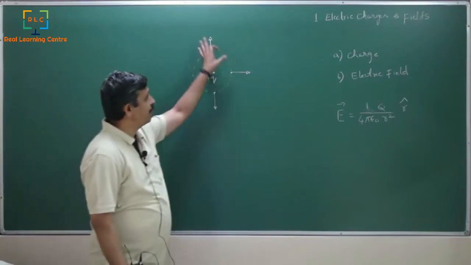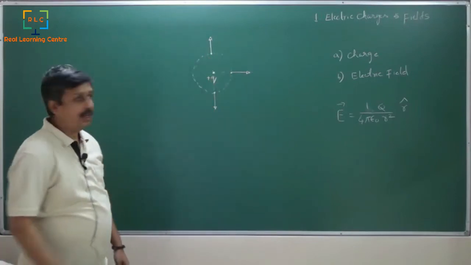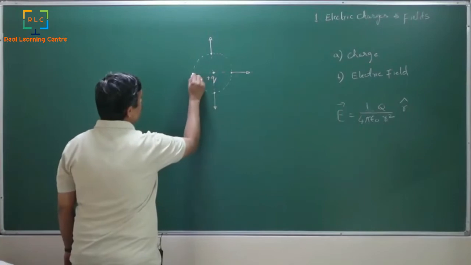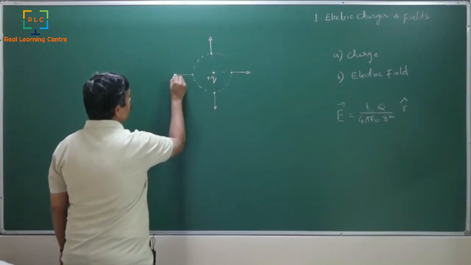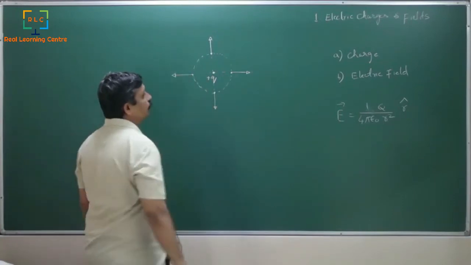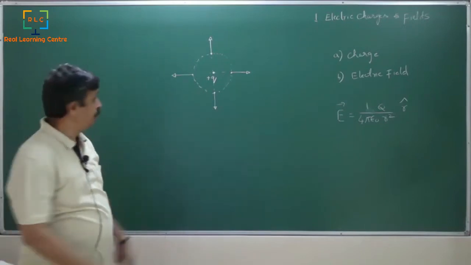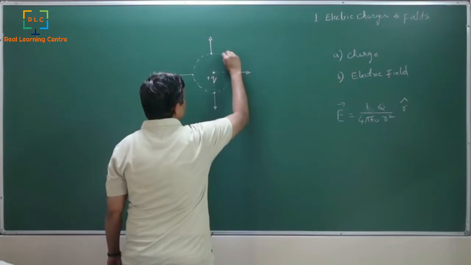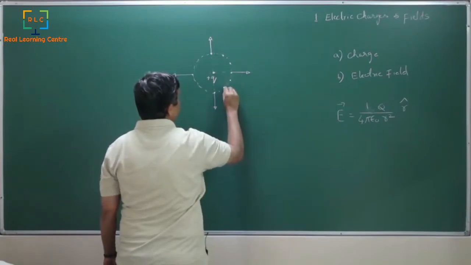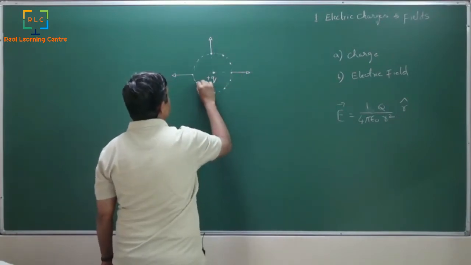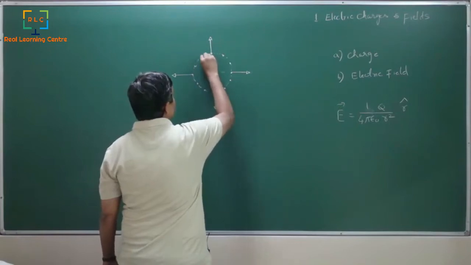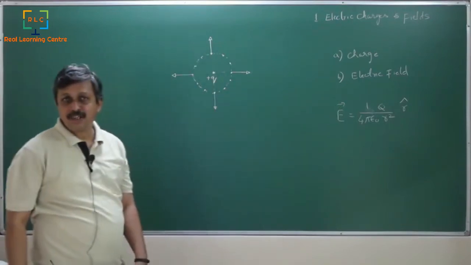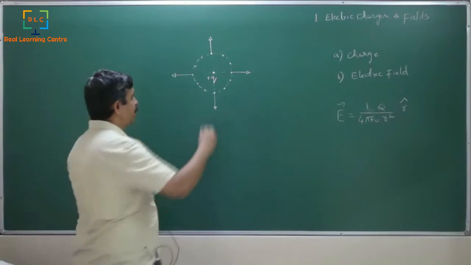All these have exactly the same magnitude. You can keep a test charge wherever, here, here, here, here, find the electric field, and plot it as a vector.